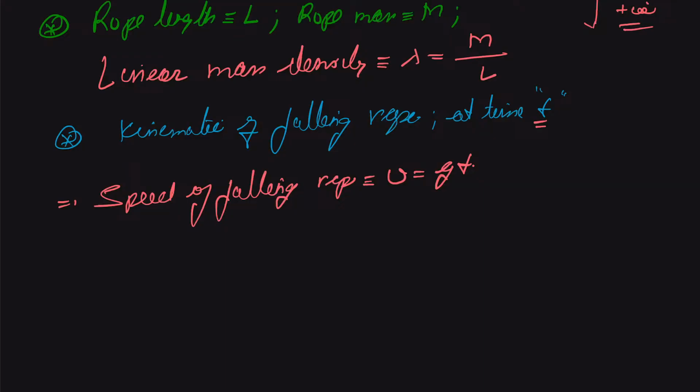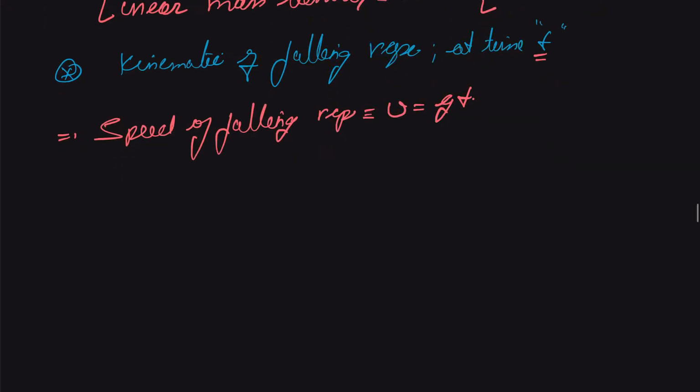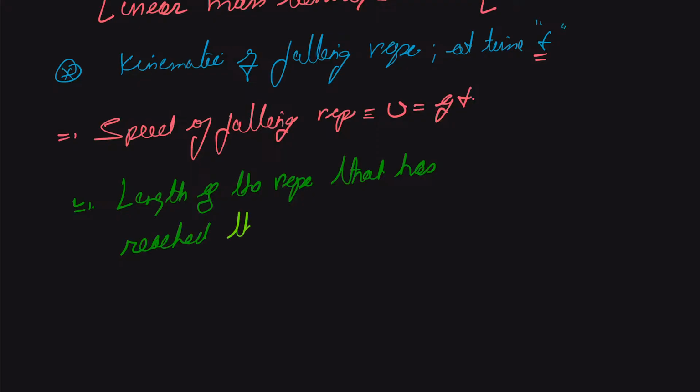And the length of the rope at this particular moment t, let us suppose that is x. So you can say the length of the rope that has reached the surface at a certain time t, let us call this x of t, which will be in this case half g t squared.